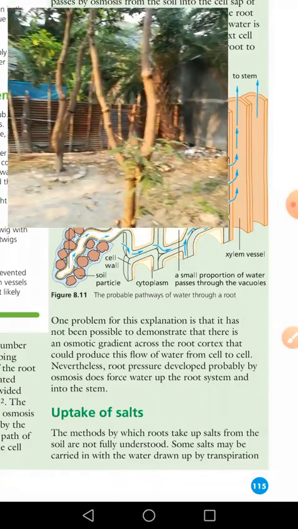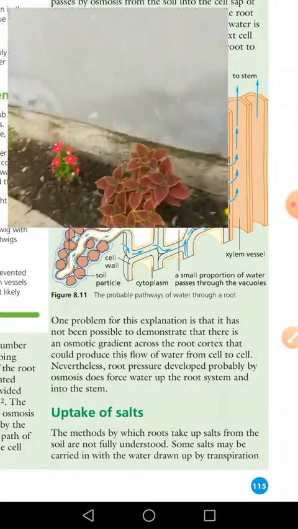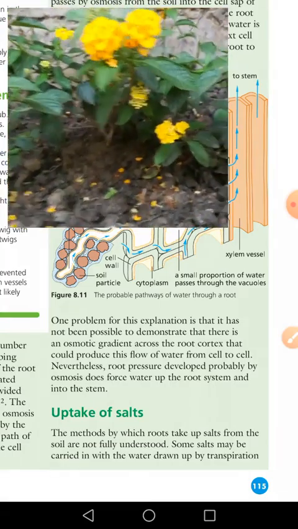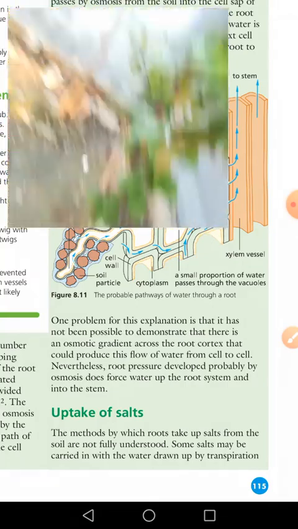Root pressure is sufficient to move water through these small plants. These are really small plants, so root pressure alone is sufficient.